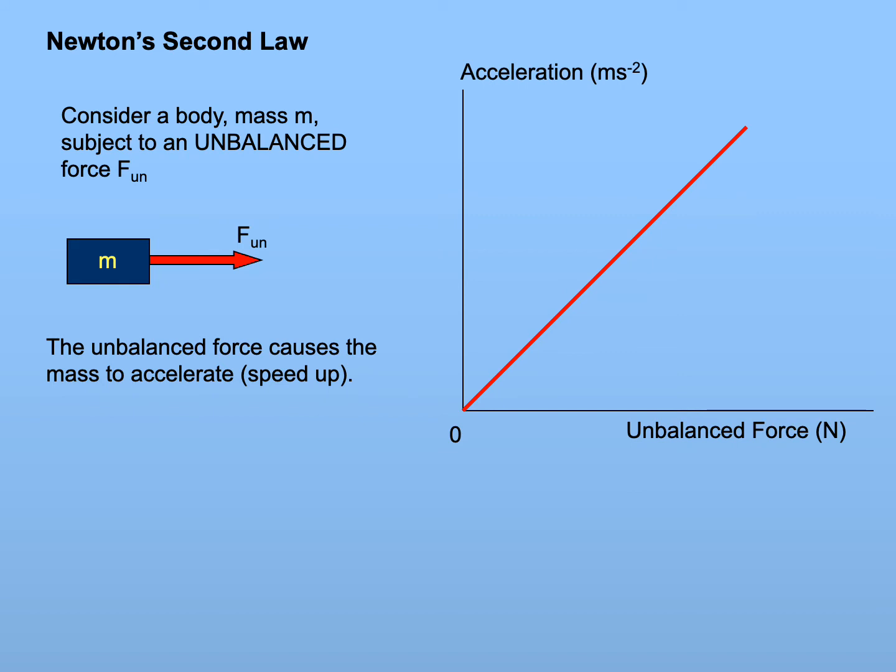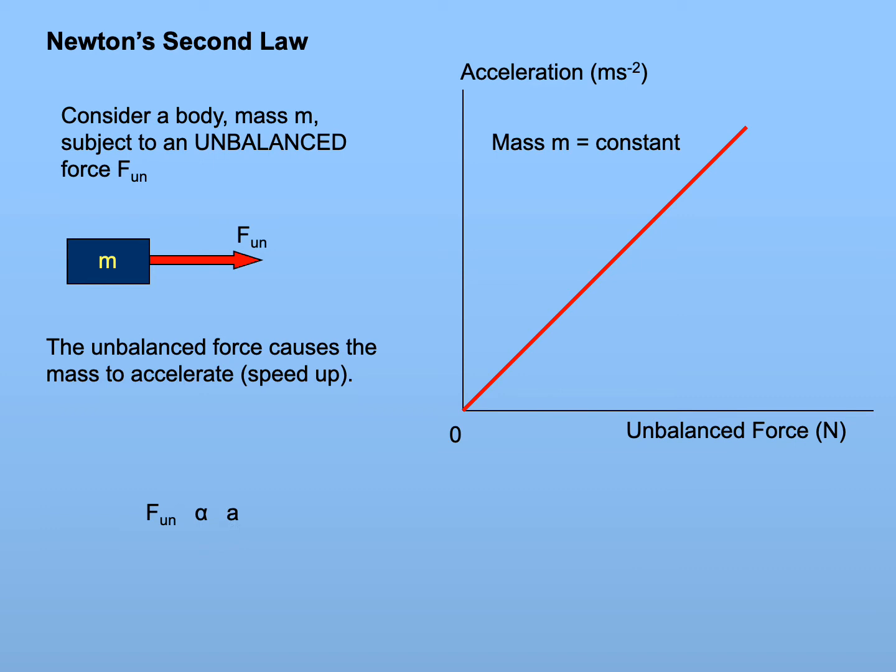Note also that the mass of the actual body that's doing the moving is kept constant. We just use the same low friction car each time. So we can see there that there is a nice relationship between the unbalanced force and the acceleration. It's a linear relationship, direct proportion in fact.